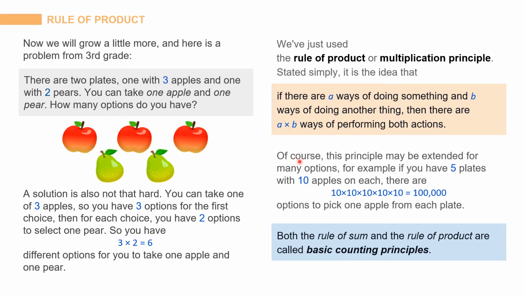So if I have 5 plates with 10 apples on each, then there are 10 times 10 times 10 times 10 times 10, or 100,000 options to pick 1 apple from each plate. So we pick 5 apples, 1 from each plate, and there are 100,000 ways we could do that. So both the sum rule and the product rule are called the basic counting principles.